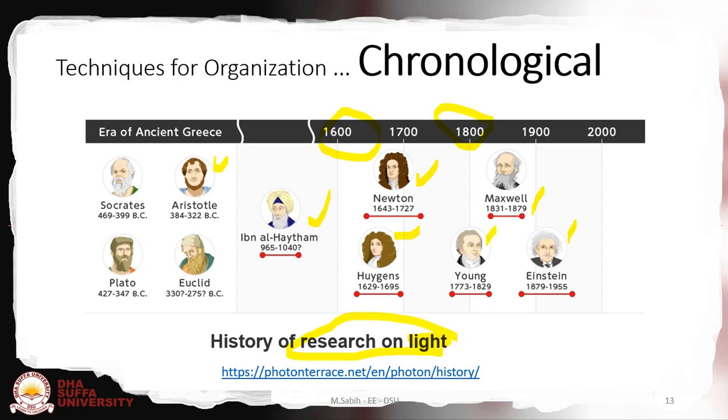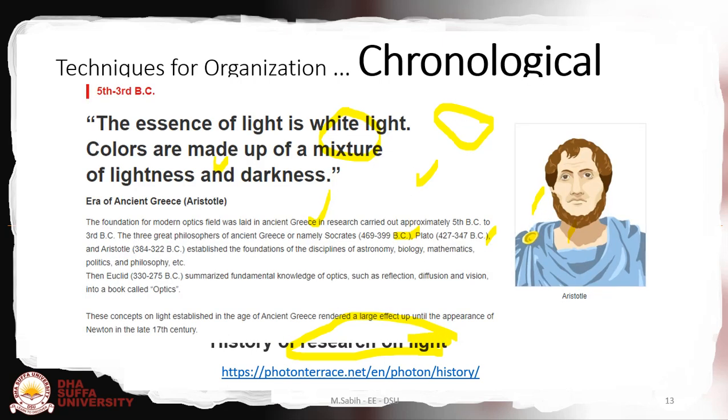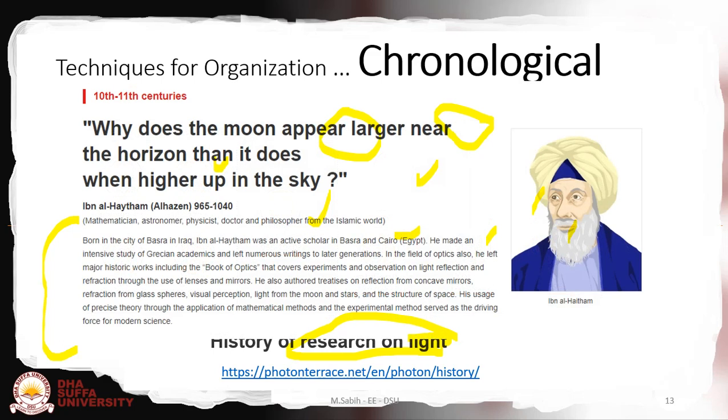You put them here, and with this picture you can depict the chronological order, and you can also add a written literature review paragraph. For example, Aristotle talked about the essence of light being white light; colors are made up of a mixture of lightness and darkness. Next comes Ibn al-Haytham, who was curious about why the moon appears larger near the horizon than when higher up in the sky.